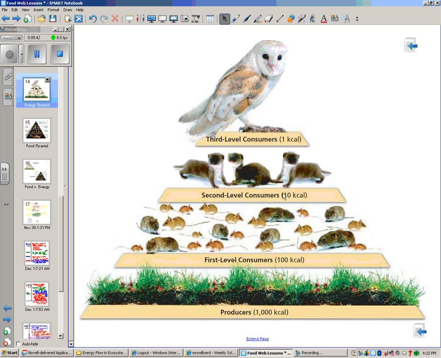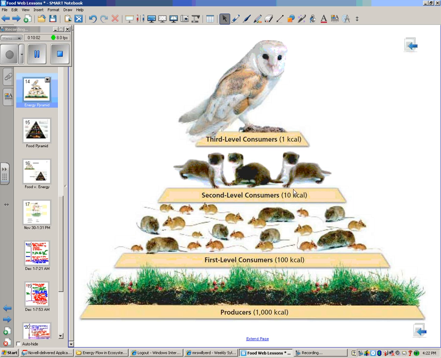And they are going to have 90% of 10 kilocalories for their life processes. So that's not very much. So what do you think they're going to be doing? They're going to have to eat more and more of those little rats and mice to keep them going because they're not going to get that much energy from just one.